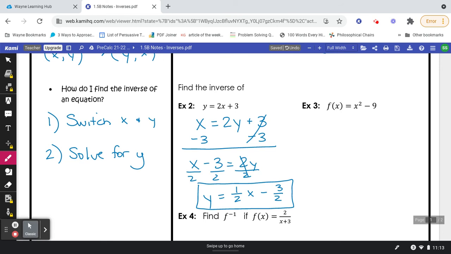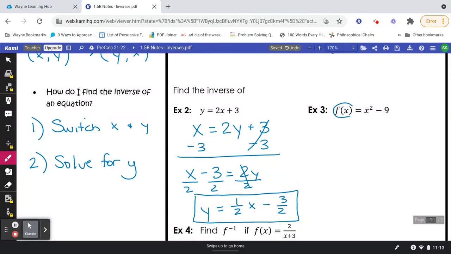All right, example number 3, when you see f of x, you want to change this to y. F of x is equal to y, so this would be y equals, and then you can switch your x with your y. And from there, solve for y. Let's write a little note up here.